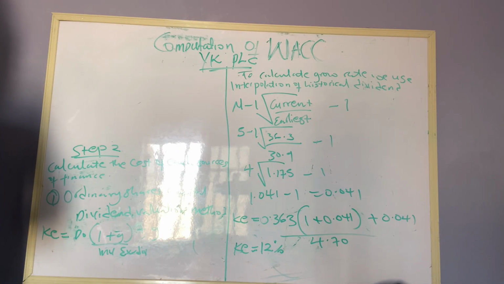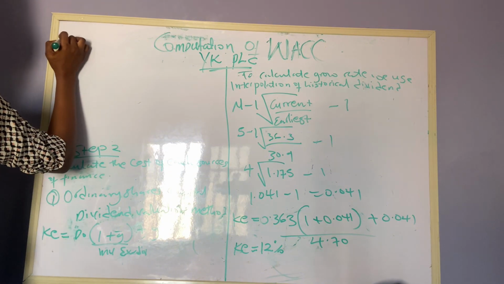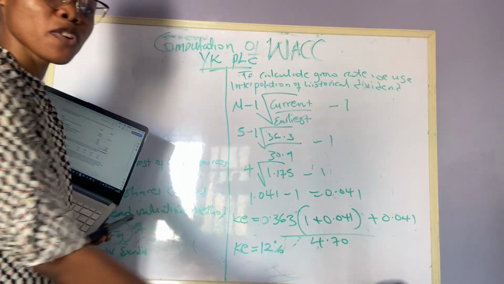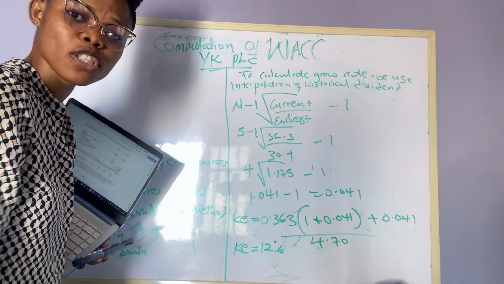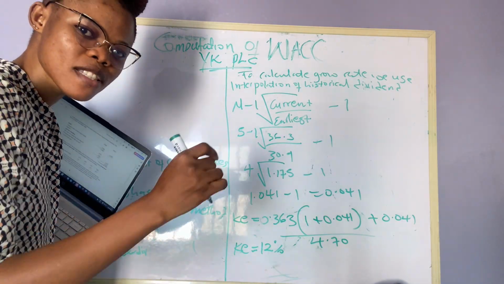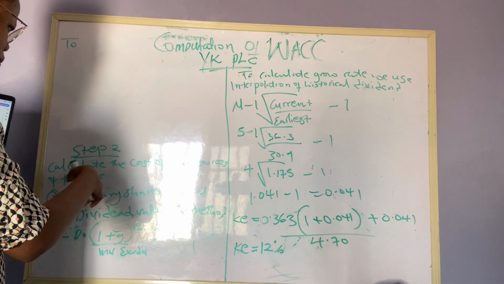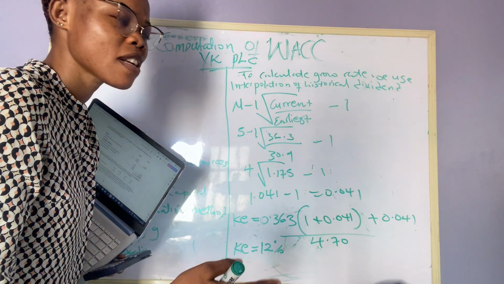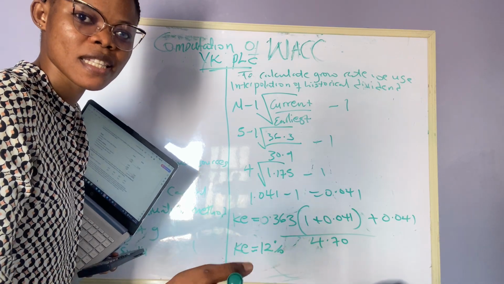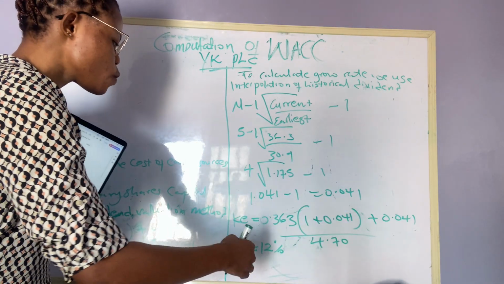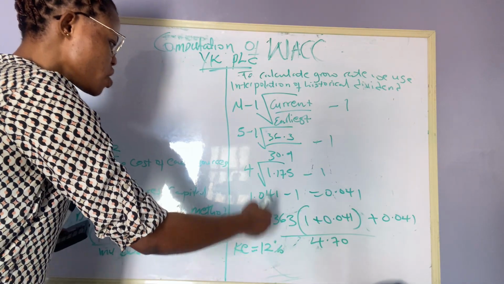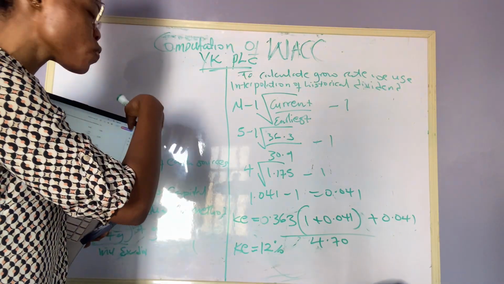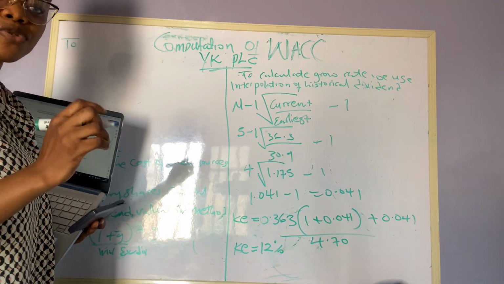Immediately you finish calculating your cost of equity, or the cost of your sources of finance, the next thing for you to do is calculate the market value. Yes, the total market value. So it's wise for you to be doing it as you are finishing your sources of finance, as you are computing the cost. Just be doing the market value straight away.